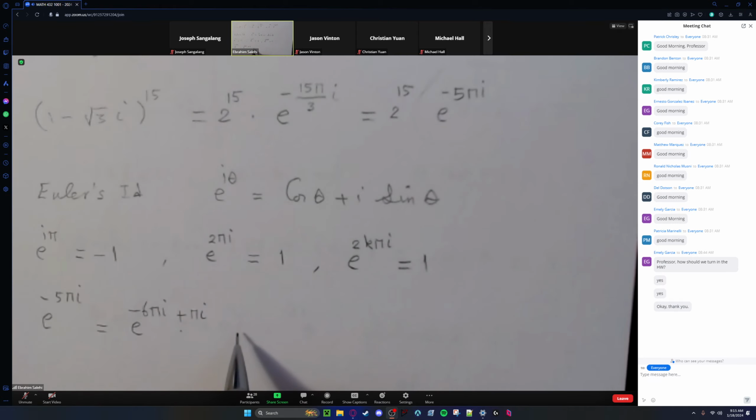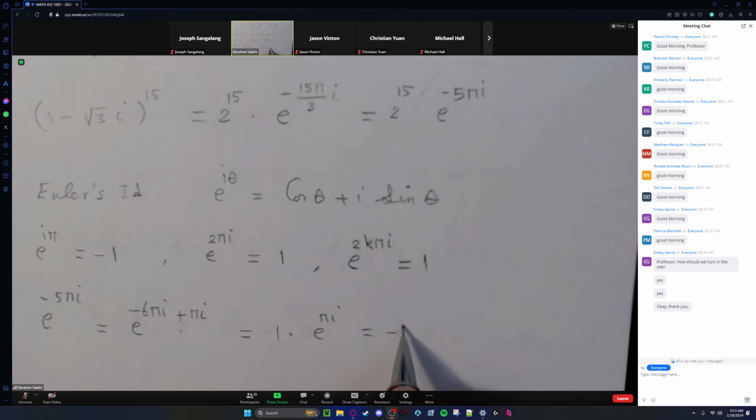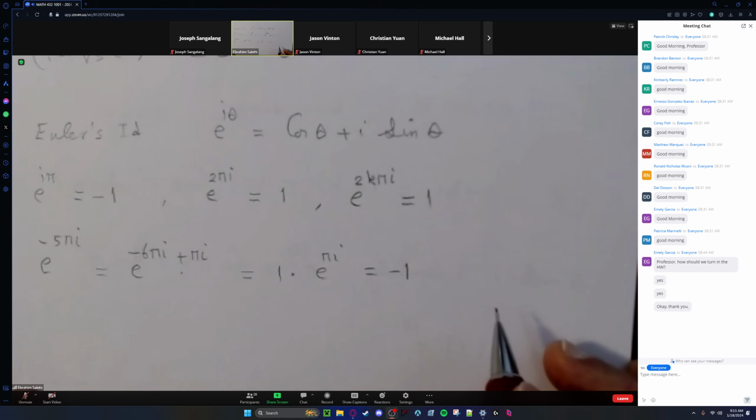But e to the negative 6 pi i, which is a multiple of 2 pi, will be 1, times e to the pi i, and e to the pi i is negative 1. So the answer is negative. So what is the result?